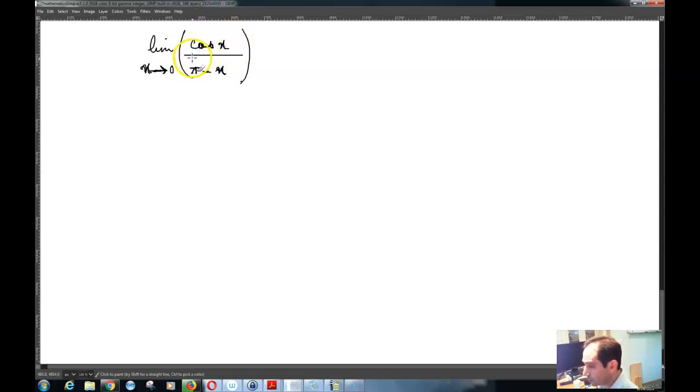So basically we said that the limit of 1 minus cos x over x as x tends to 0 is equal to 0.